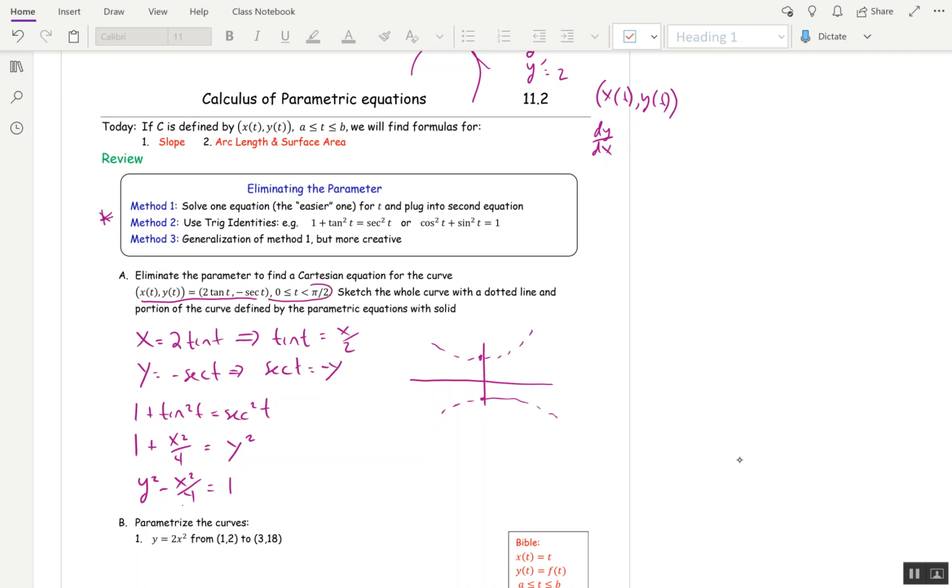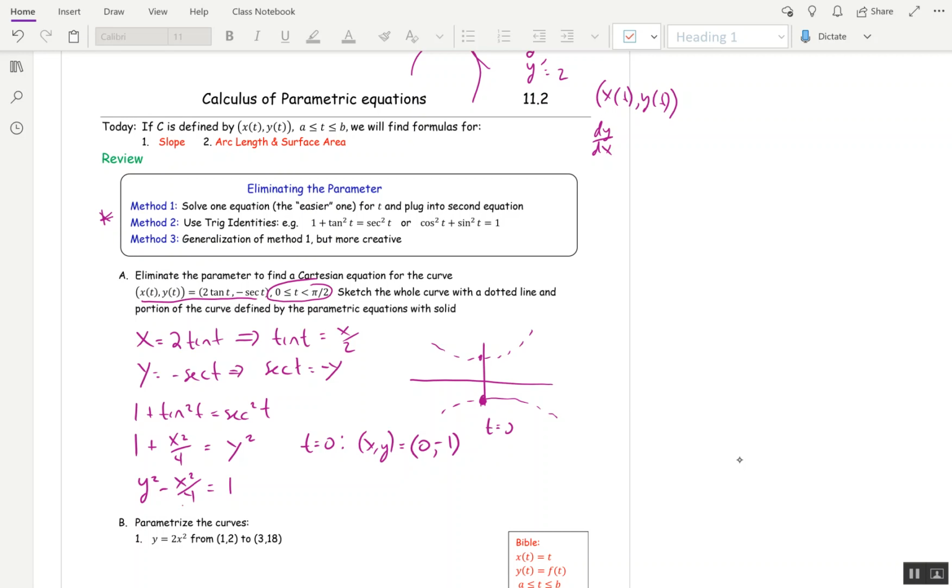So now we have to look at the limits on t. When t is 0, x and y are respectively, tangent of 0 is 0, so 0 comma, secant of 0 is 1, so negative 1. So we're down here at t equals 0. We're on the lower branch. And then this is defined for t strictly less than pi over 2.